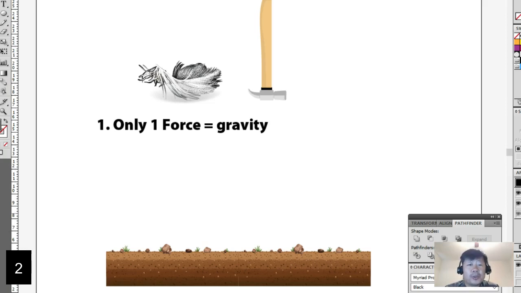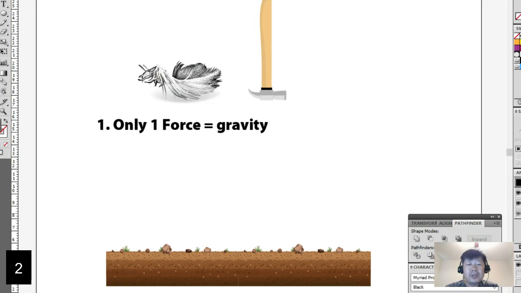So let's say both of these objects start at 0 speed. Once we drop them, after the first second, they would be moving at 10 meters per second. After the second second, they would be moving at 20 meters per second. So let's say it took 2 seconds to reach the ground.